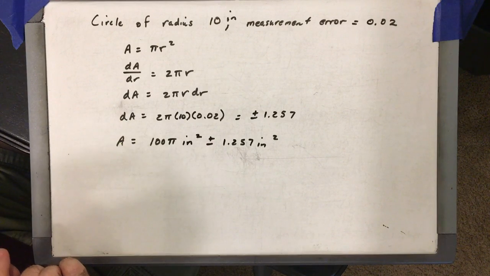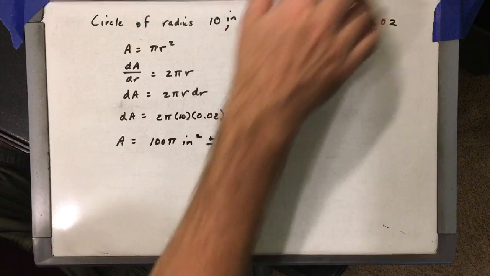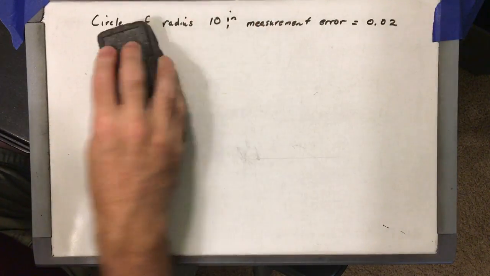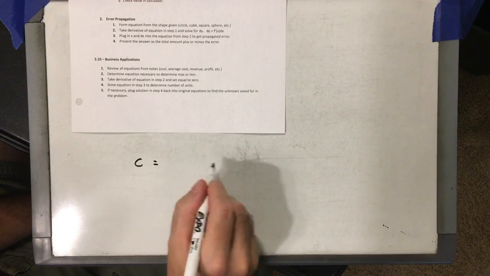Okay, so the last part, the business part, okay? So you want to review all your equations. So your cost equation, right? You have a cost is equal to blah, blah, blah.